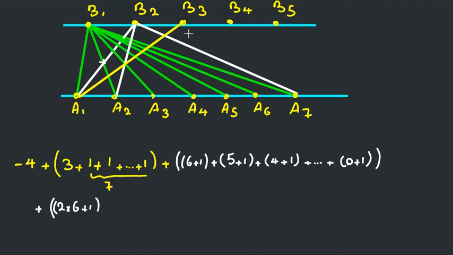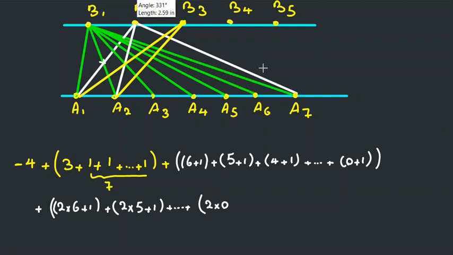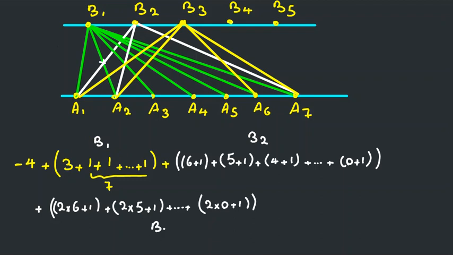The next line intersects 2 times 5 plus 1, and the last one is 2 times 0 plus 1. Also the one before it will be 2 times 1 plus 1. Now we've considered the effect of B1 and of B2.